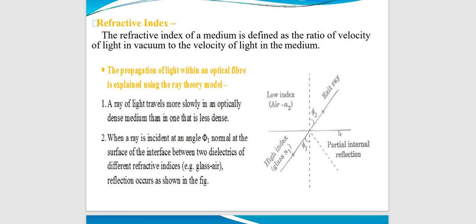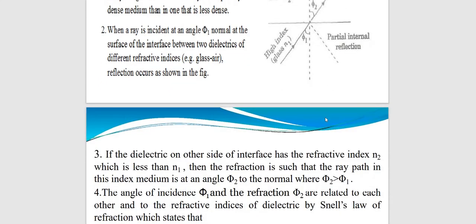That is called the critical angle. When you pass the light ray at more than this critical angle, the light incident on this normal point will be totally reflected back into the same medium, and that condition is called the total internal reflection condition.